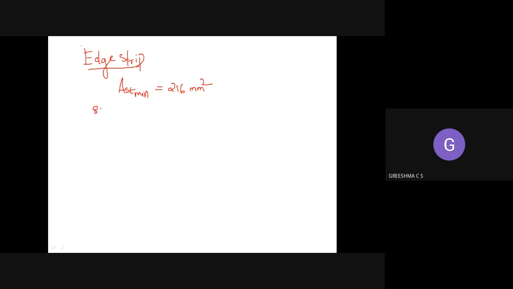So you have to find out the spacing. The spacing is the same, that means we are using the same diameter bar, so the spacing is the same. The spacing you got is 230 mm.